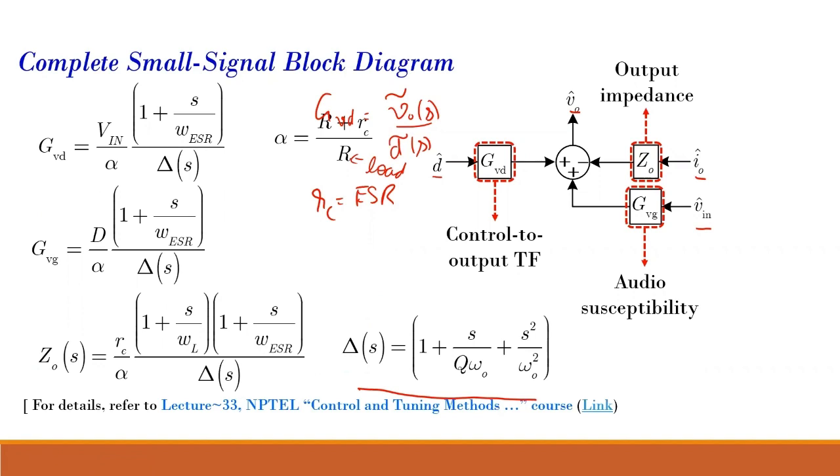Further details of these transfer functions you can find in lecture 23 of the previous NPTEL course on control and tuning methods. These transfer functions basically represent what changes occur due to changes in the input voltage, the duty ratio, or the load current.